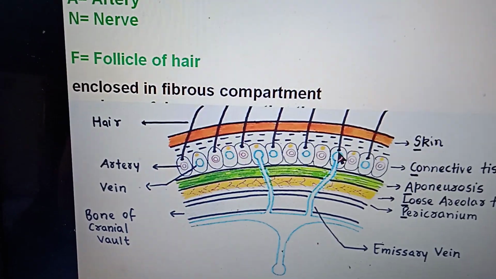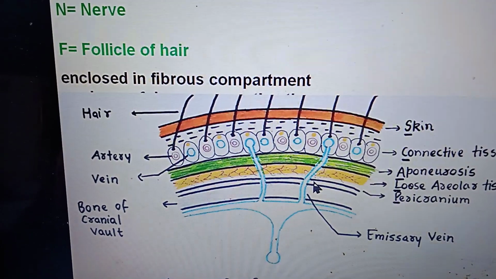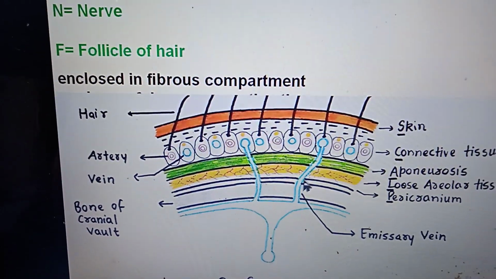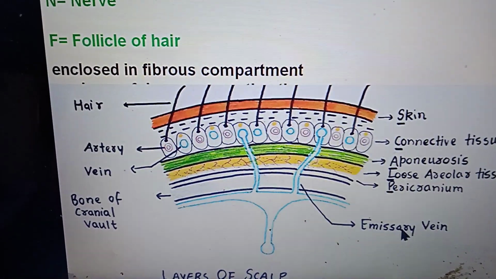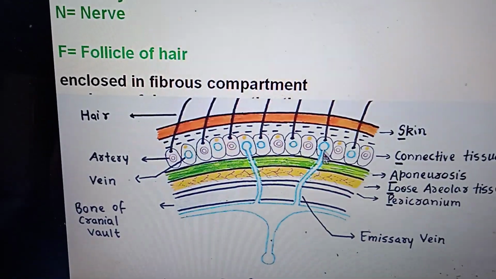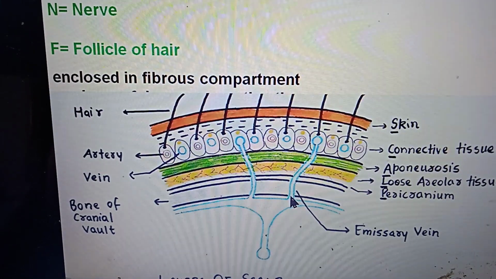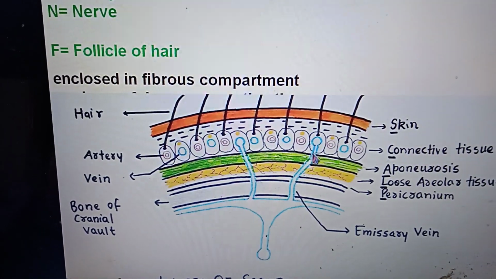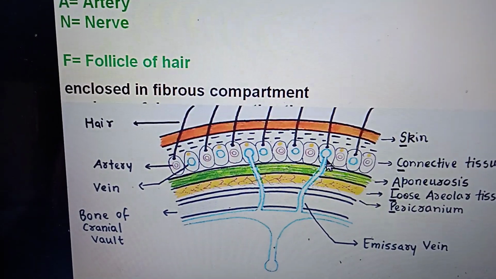Okay, and this vein is emissary vein, and look how it is connected with the dural venous sinuses. Here it is written emissary vein. This is wrong. This one is emissary vein, and this vein which connects with the dural venous sinuses, this is known as bridging vein. ये ब्रिज का काम कर रहा है दोनों को कनेक्ट करने का.